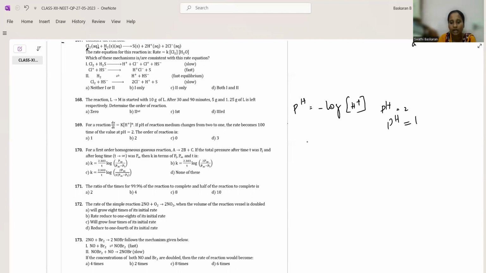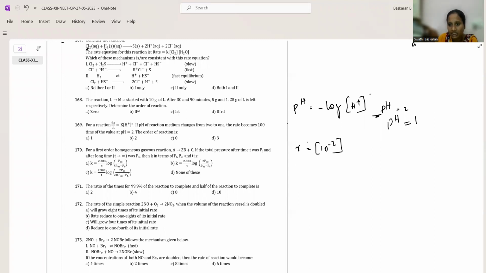So how to write? We will write rate is equal to, when the concentration of H plus corresponds to pH 2, 10 power minus 2. When you assume pH is equal to 2, it will become 10 power minus 2.